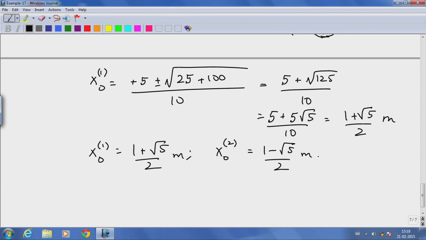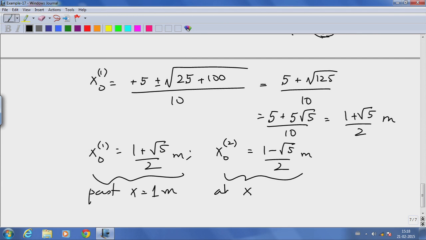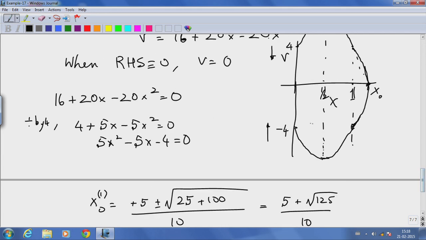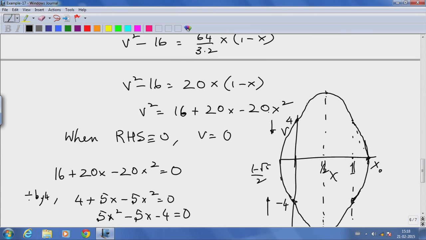If you look at these two numbers, this is past x equals 1 meter, this is actually negative, meaning above x equals 0 meters. So, you can think of this again as rebounding to some other point 1 minus square root of 5 over 2, and then the cycle continues again.